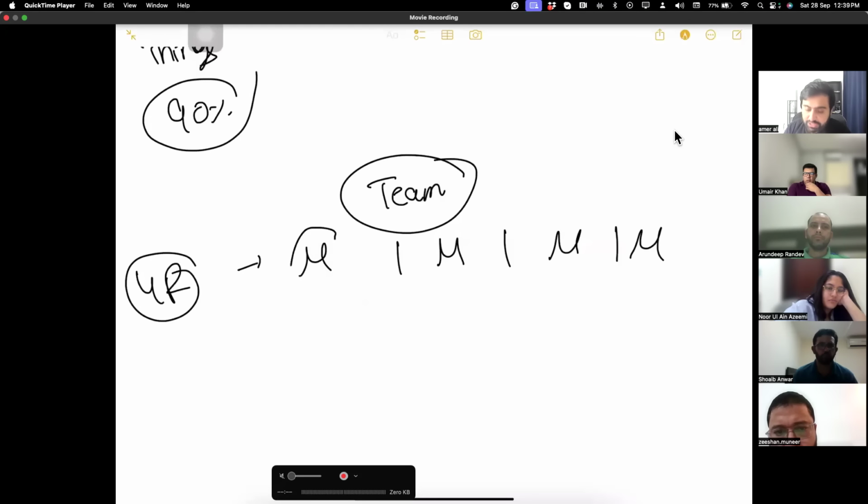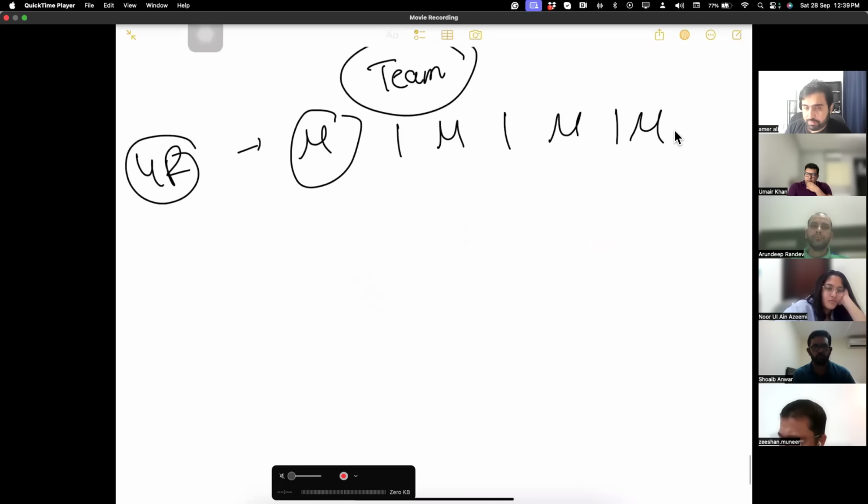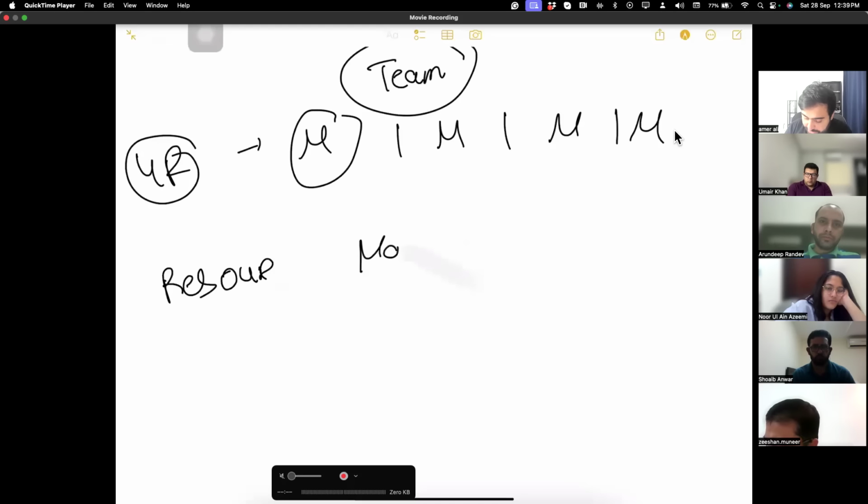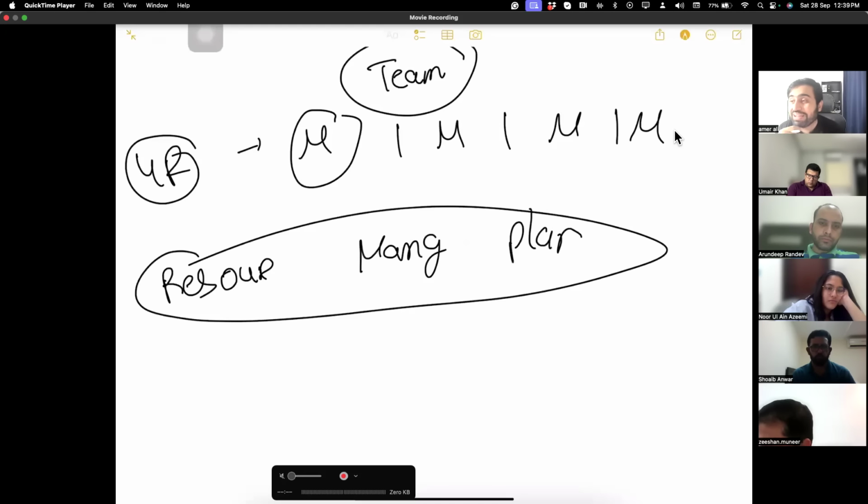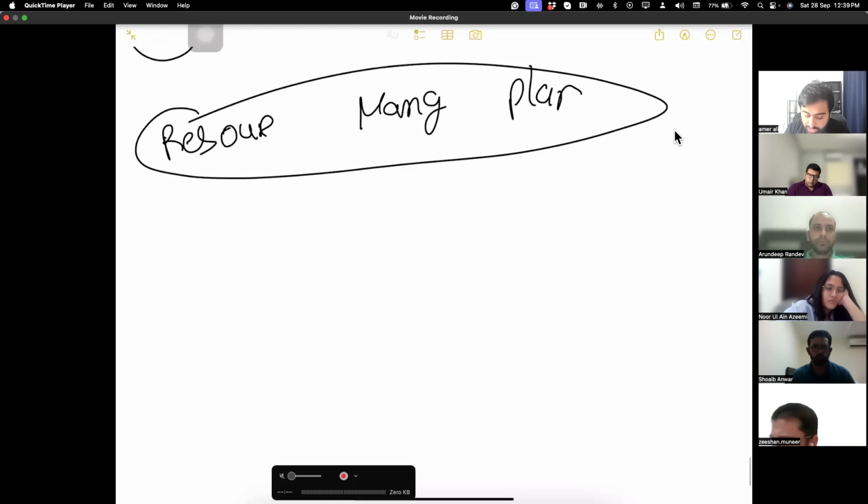Okay. So we are here discussing manpower. Human manpower. For that, we make a resource management plan. The resource management plan basically talks about how you are going to acquire the resources.